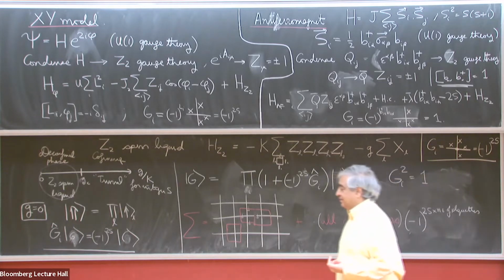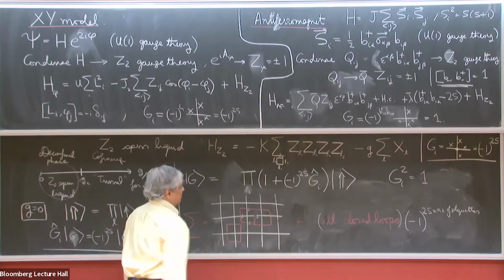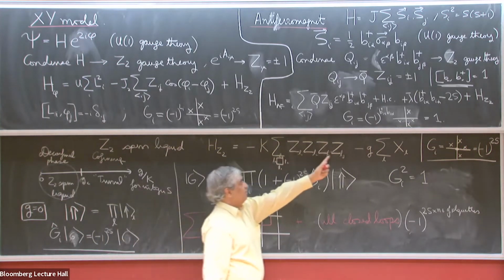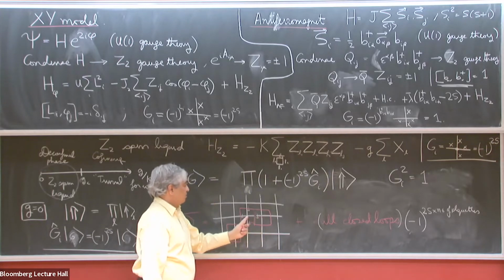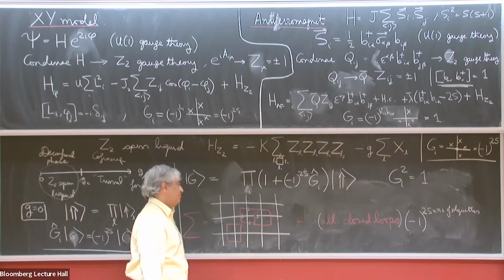What about the excited state? So the property of this state is that if I took the product of Z's around any loop, it's always +1 because the white loops will always intersect an even number of red loops. Okay, so you get +1 here, -1 here, the product of the Z's is still +1.